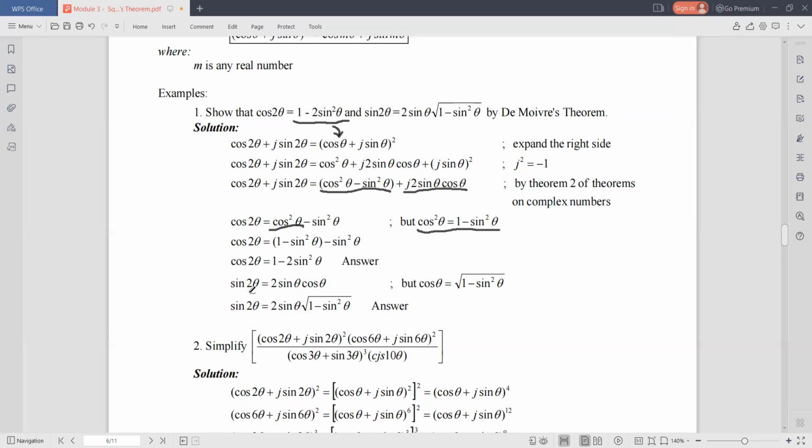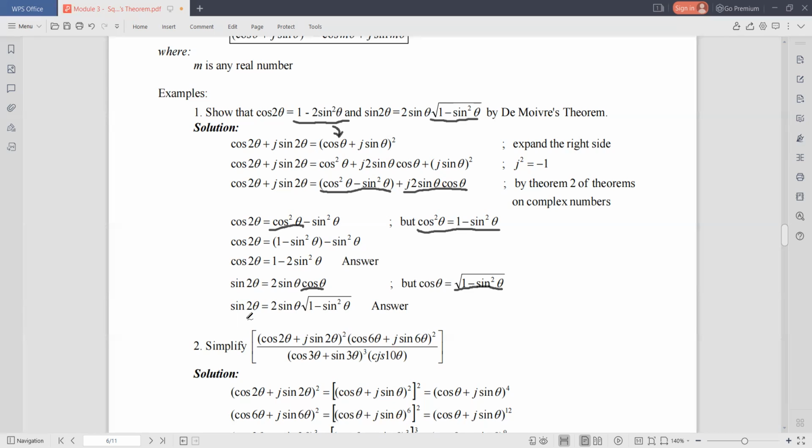And for your sine 2 theta, we go to the second one. It is equal to 2 sine theta cosine theta. But cosine theta is equal to the square root of 1 minus sine squared theta. Your cosine theta here is this, based on the given. So what will be the answer now?